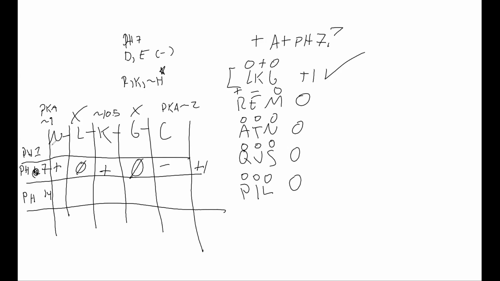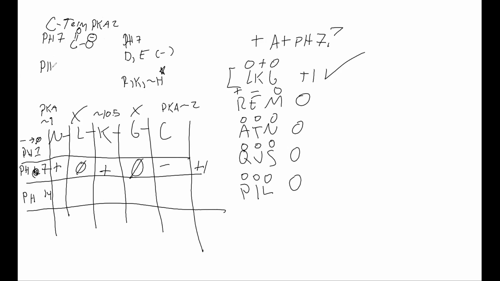All right, pH of 1. Basically, at a pH of 1, anything that's negative becomes neutral. And the reason for this is that the C-terminus has a pKa of 2. At a pH of 7, you are in this structure, COO-, so you're negatively charged.